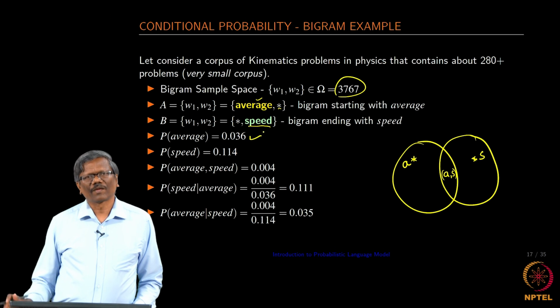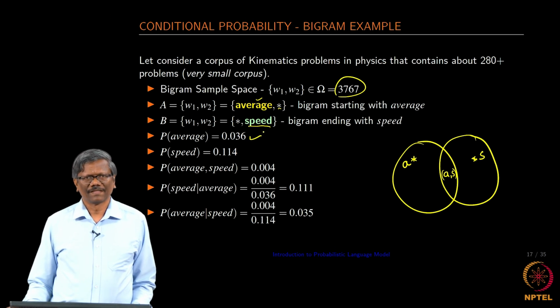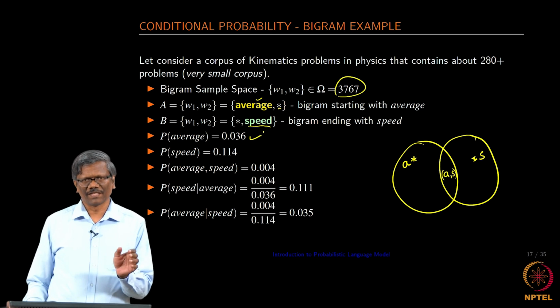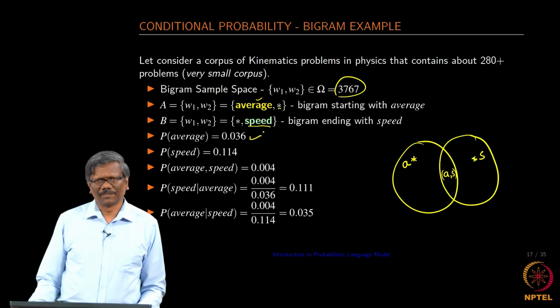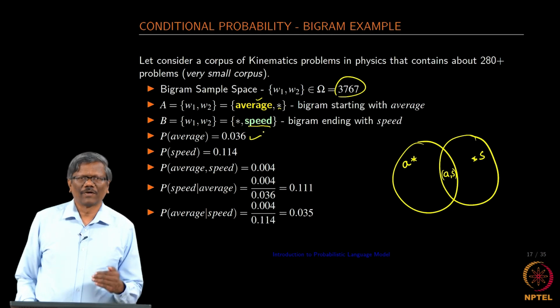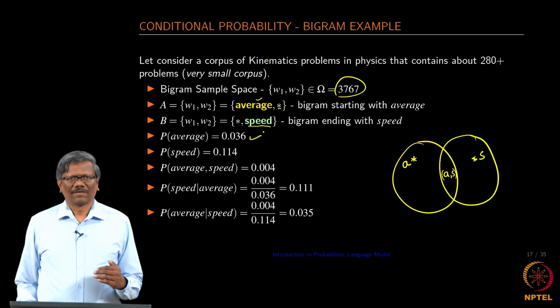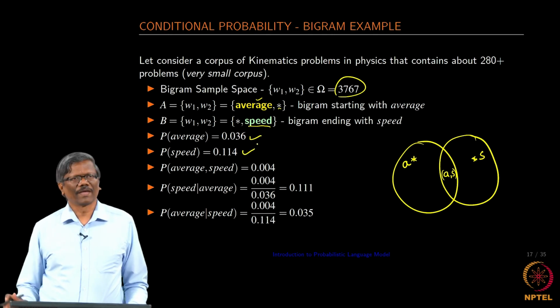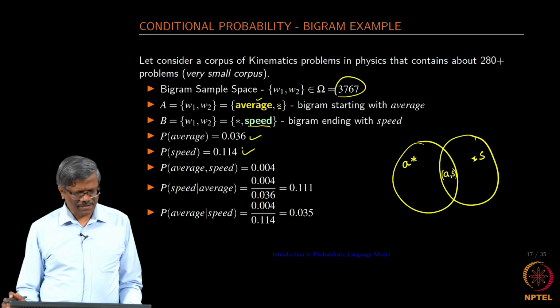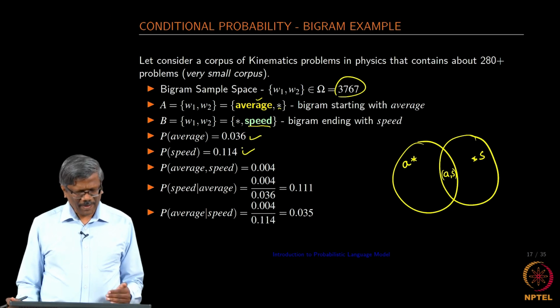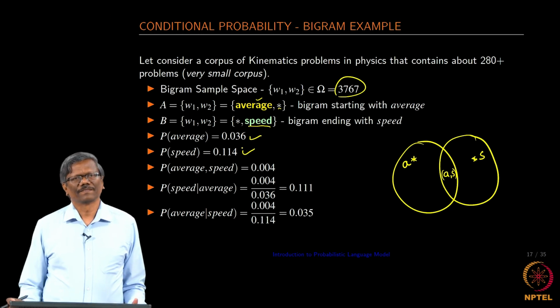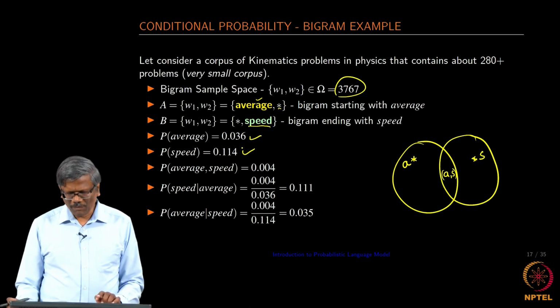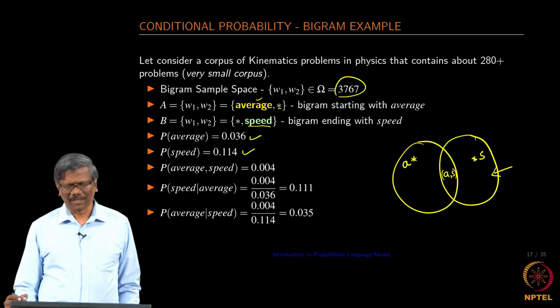You get the probability for the word average: you have the word average and the entire set of tokens, and you find the probability of that word by distributing the probability mass of 1 across the entire token set. In the same fashion you get this. If you look at these two words, speed occurred more times than average, so you will find the speed set bigger than the average set.